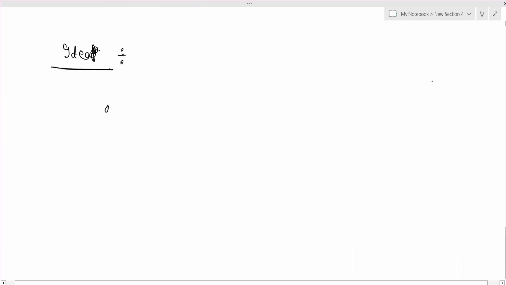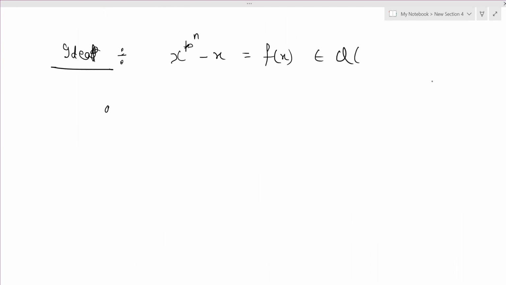So the idea is this: take the polynomial x to the power p to the power n minus x, say f(x), which belongs to Zp[x]. Agreed or not? The derivative is 1 and minus 1. So we can take its splitting field. There will be some splitting field for this polynomial, right?